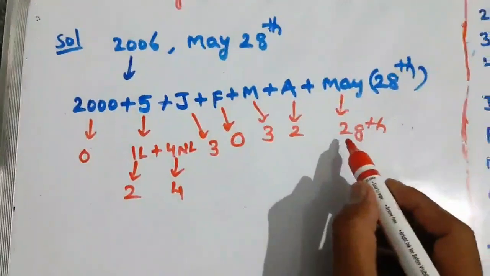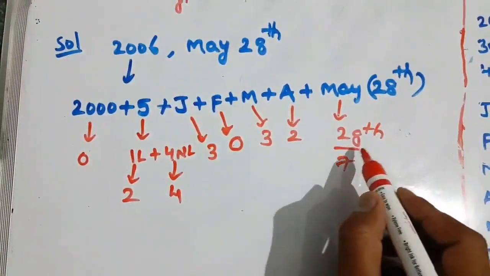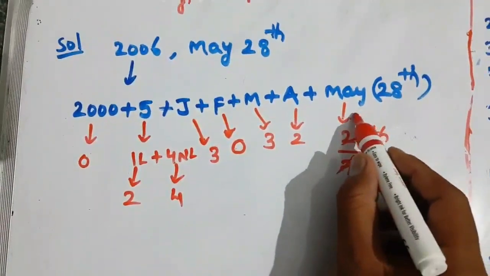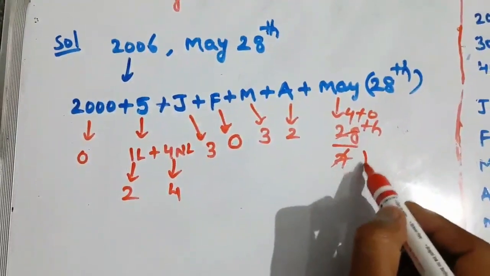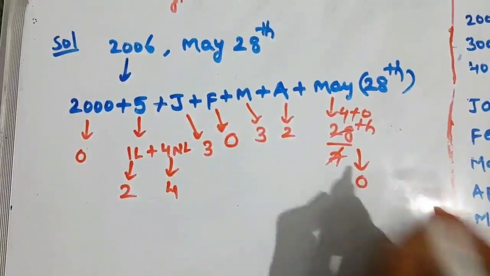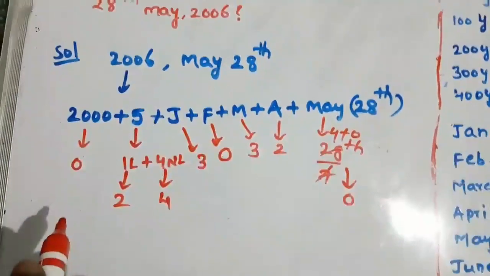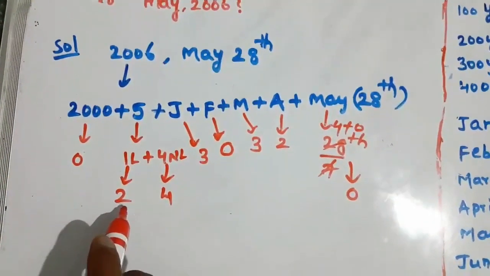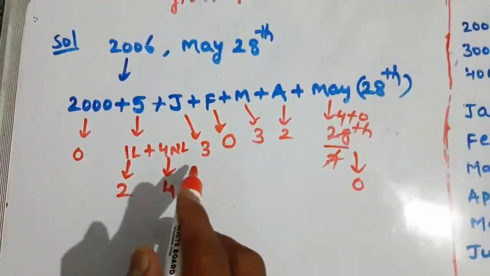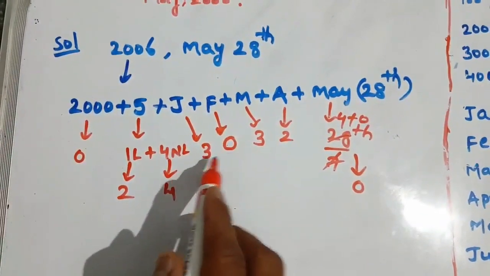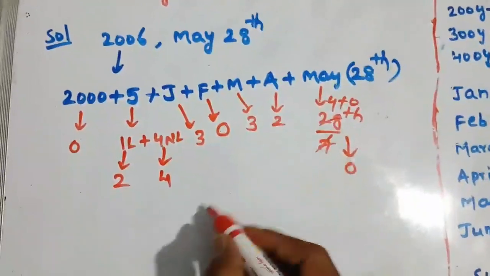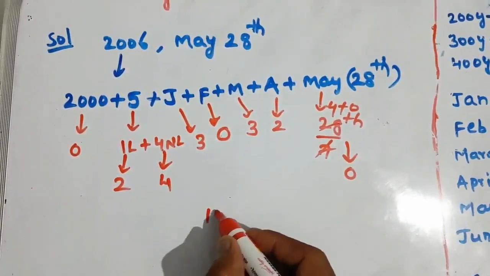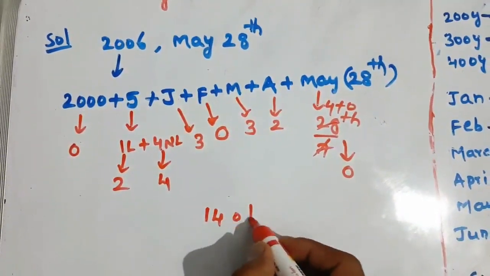Now if I divide by 7, 7 4s are 28 and 0 is the remainder, so here I will get 0 odd days. Okay. Now I am going to add all the odd days: 2 plus 4 is 6, 9, 12, 14. 14 odd days I got.